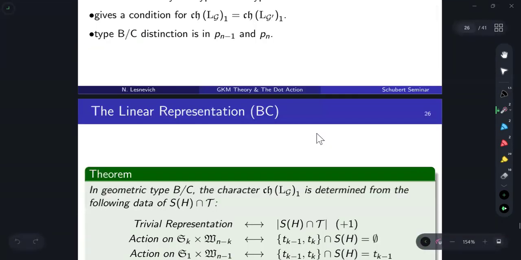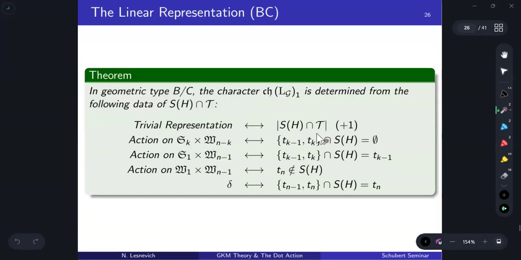Cool. And what's the theorem in this case? In this geometric case type BC, the first graded character is totally computable from this intersection. It's in a similar flavor to the type A result. There's not a ton of crazy combinatorics that you have to do after seeing this intersection.